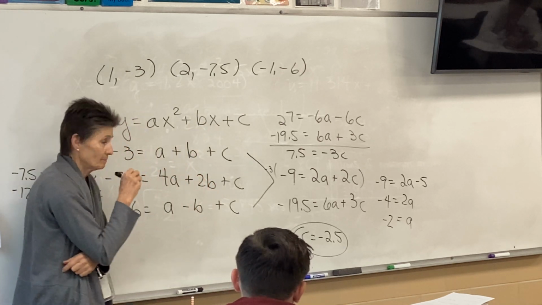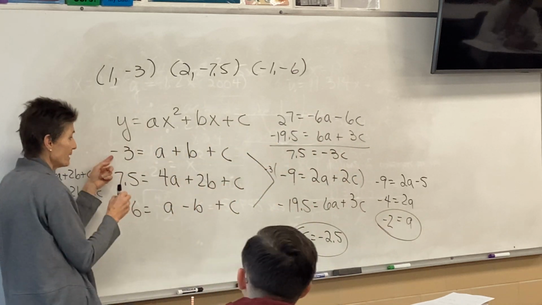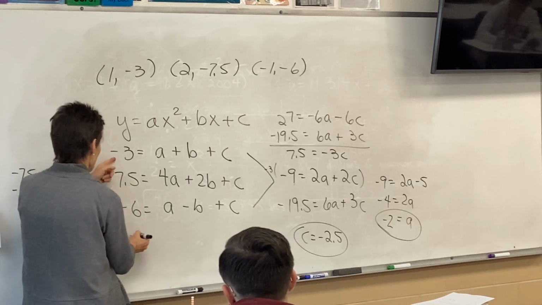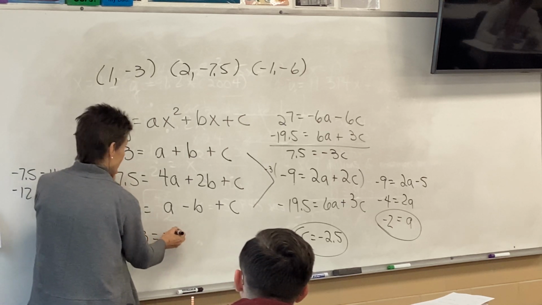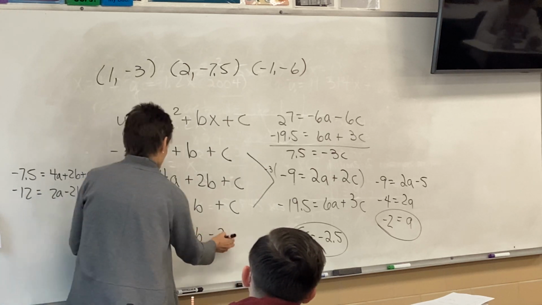And then what? All the way back to the beginning, one of these. So negative 3 equals negative 2 plus b minus 2.5.